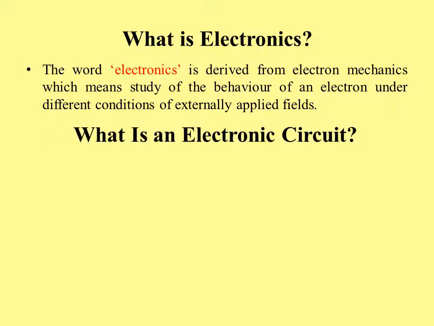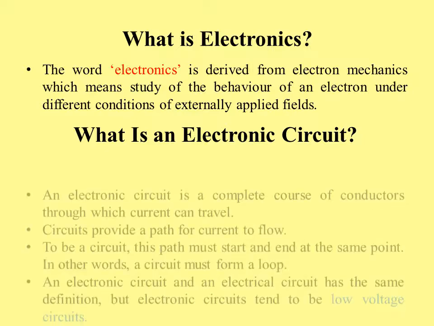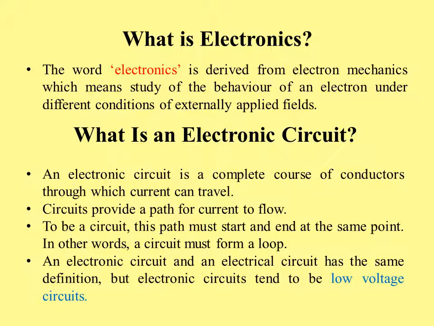Now, what is an electronic circuit? An electronic circuit is a complete course of conductors through which current can travel. These circuits provide a path for current to flow, but this path must start and end at the same point.